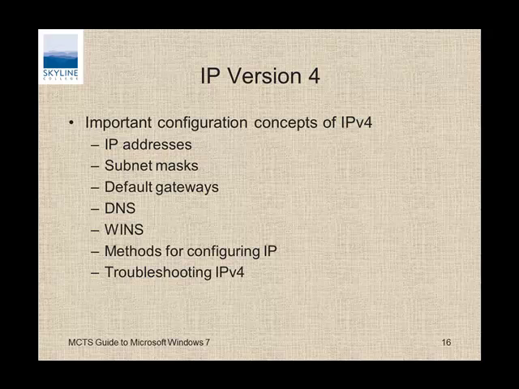Everybody got the rest of them, right? IP address, no problem. Subnet mask, no problem. Create 14 subnets, no problem. Default gateways, no problem. DNS, no problem. WINS, what the heck is that? Windows Internet Naming Service. If you use Wireshark, it'll show up as NBNS, NetBIOS name server. That's what that is.